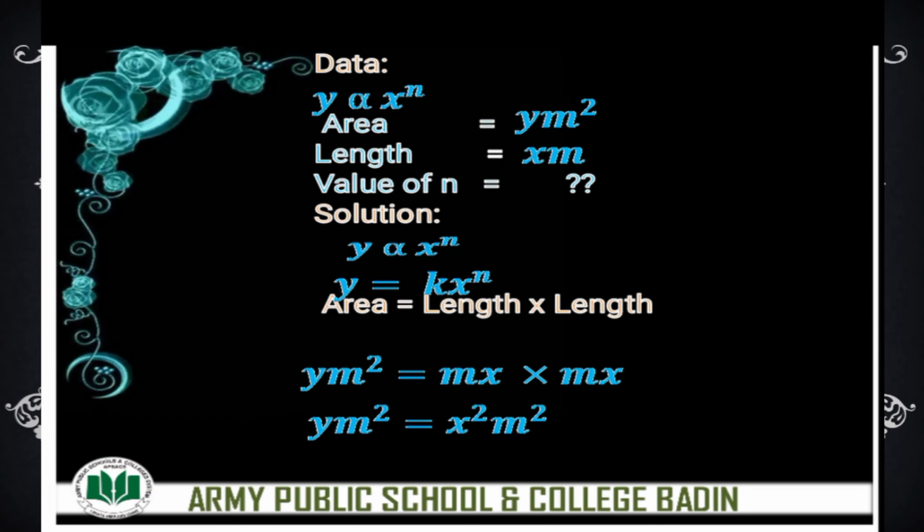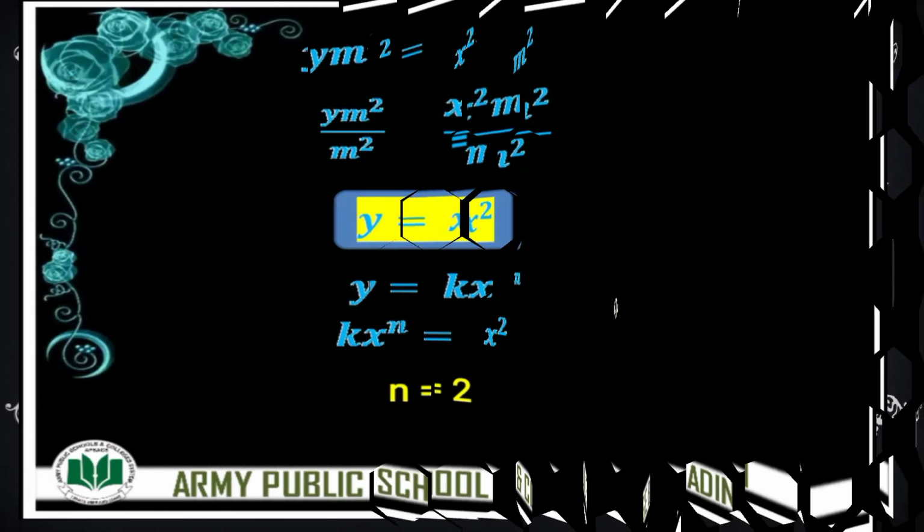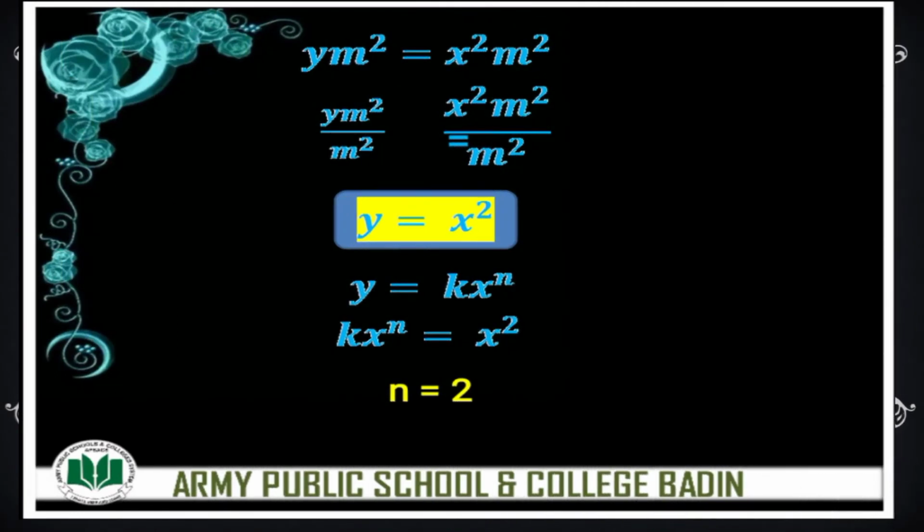So we have to multiply mx with mx. So it will be x square m square. y m square is equal to x square m square. And now in the next step, if we want to remove the m square, we divide by m square on both sides and y equals x square. This is our final relation.